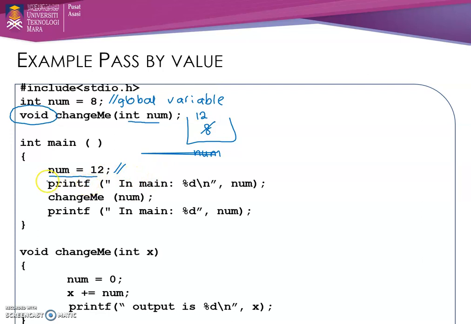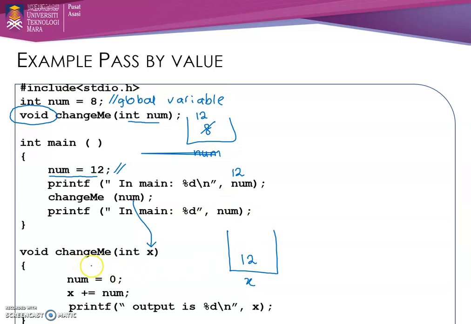Okay, next go to the next statement. You have to print in main the value of num, which is 12. Now go to the next line. This is a function call where the function call is going to pass the content of num to x. So in the function header, x is going to receive the content of num, where the value of num now is 12.